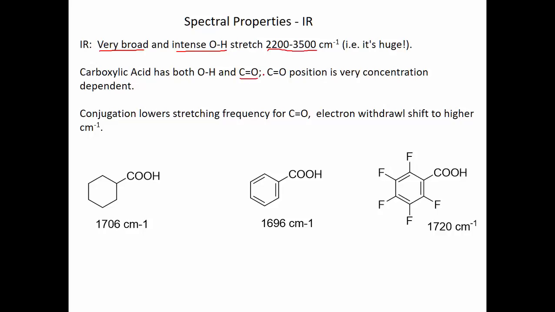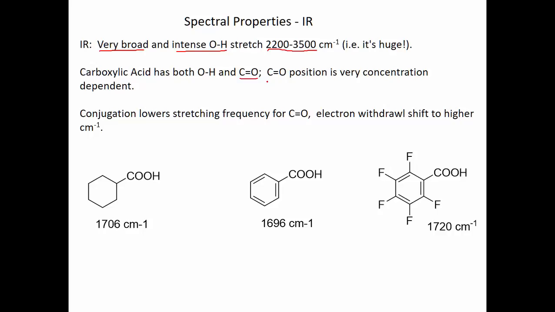We also have a C double bond O stretch, and this is a very concentration-dependent absorption, because if there's a lot of hydrogen bonding, it comes at a relatively low frequency. If there's not very much hydrogen bonding present, it comes at a higher stretching frequency.